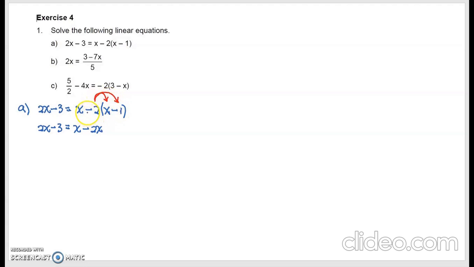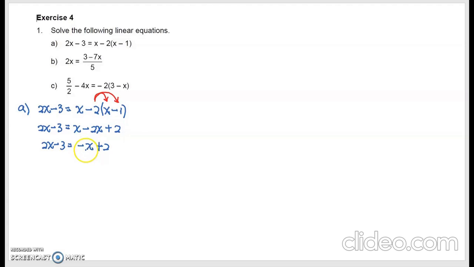As we all know, negative will become positive, so 2 times 1 is 2. Next, we try to simplify this part. 2x minus 3 is equal to x minus 2x, so here is negative x plus 2.